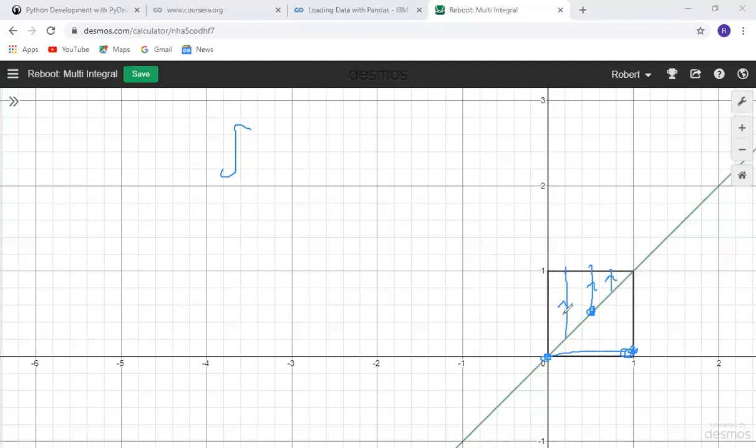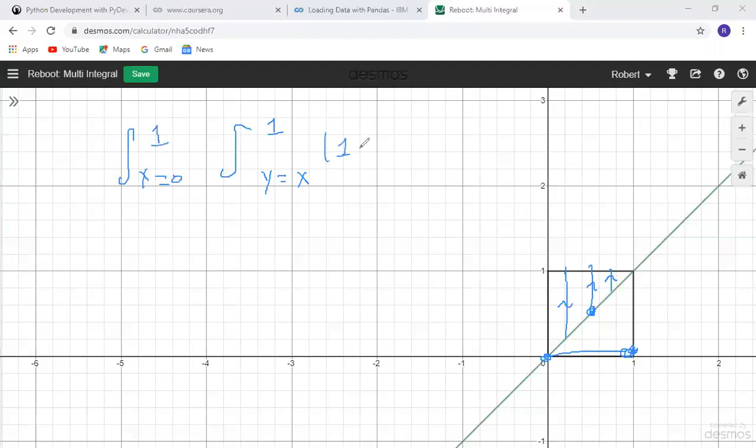And in fact, if this was a normal class, in other words, not an online class, I would make you draw a picture like this on the exam to indicate what you're doing, just to make sure you don't get it by accident, and also because I think it's for your benefit. So y goes from x to 1, and then the x values go from 0 to 1.